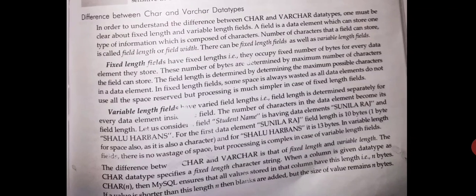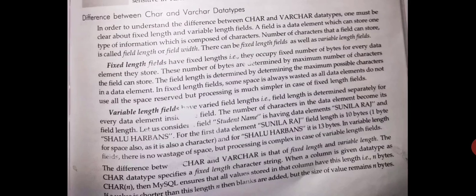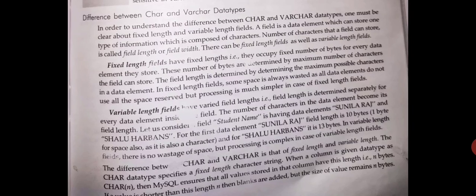But if a value is shorter than this length, then blanks are added, but the size of the value remains the same. Like I have written char 5, but I am writing only 4 characters, it will still use all 5 bytes, so there will be a wastage of space.